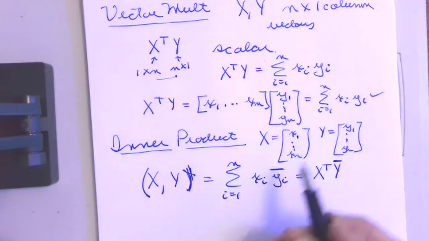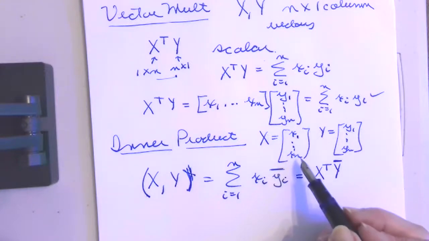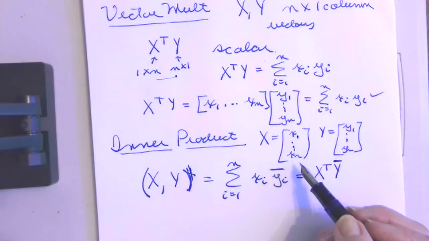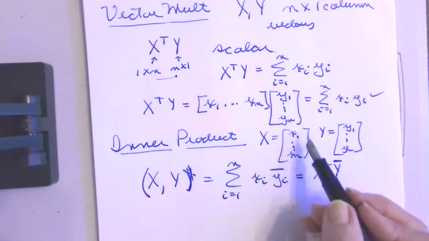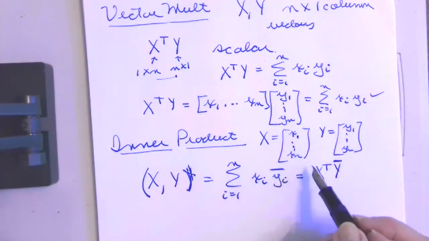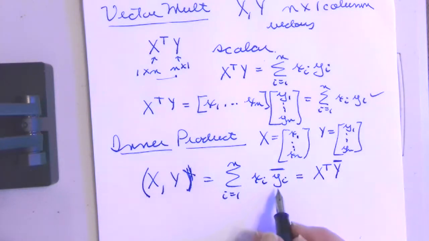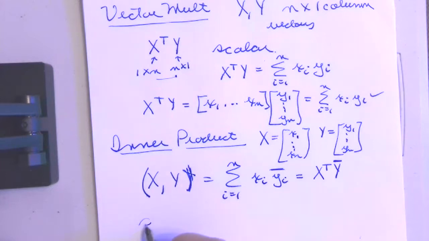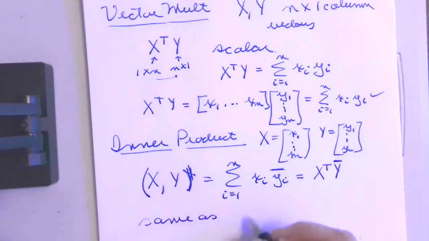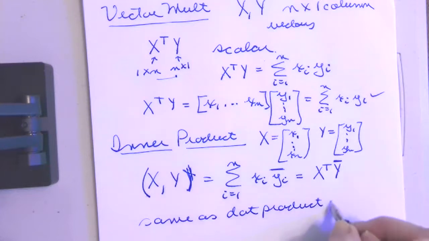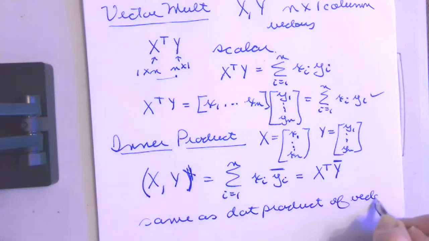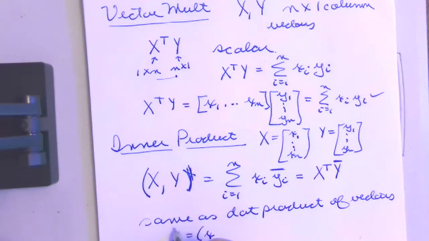And so if you think of these as vectors with possibly complex entries, a vector in Rn you can think of as a point in Rn, and then this is the same as the dot product of the vectors x equals x1 up to xn.